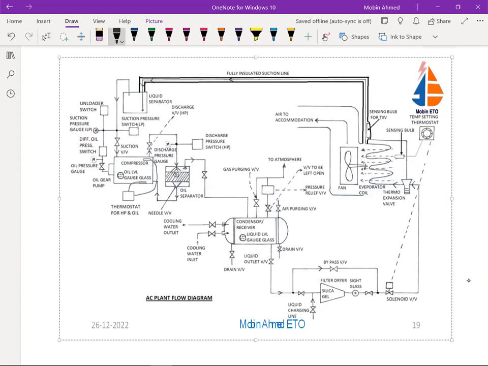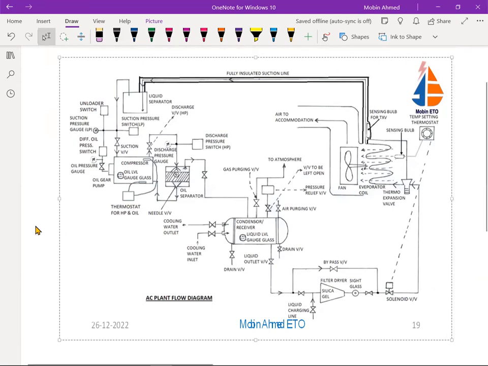Before going into this one, I hope everybody knows about the pressure enthalpy or temperature entropy diagram, because that is important to understand this. So a little bit we will talk about this.